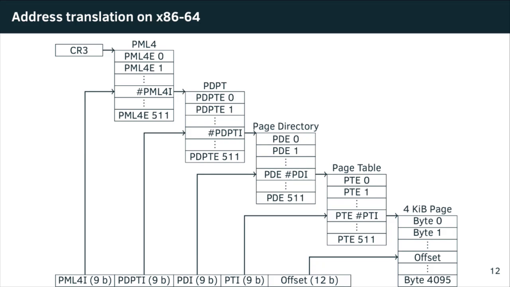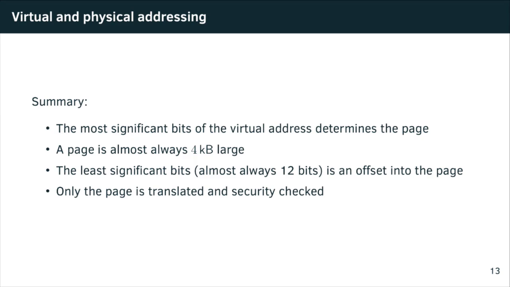That is, of course, a bit quick for me to summarize the paging operation of modern CPUs and operating systems. So we have a summary slide here of what is important for you to remember. The most significant bits of the virtual address determine the page. The page is almost always 4 kilobytes large, and the least significant bits, almost always 12 of them, are the offset into the page.